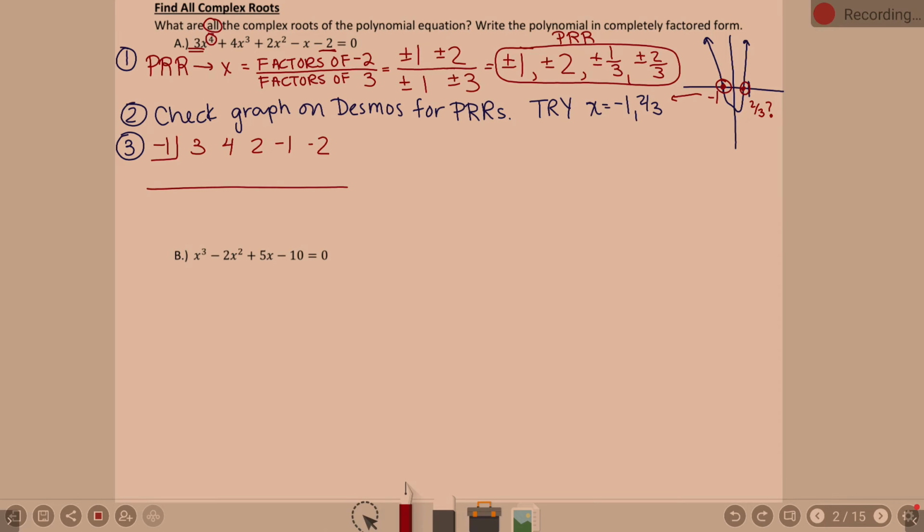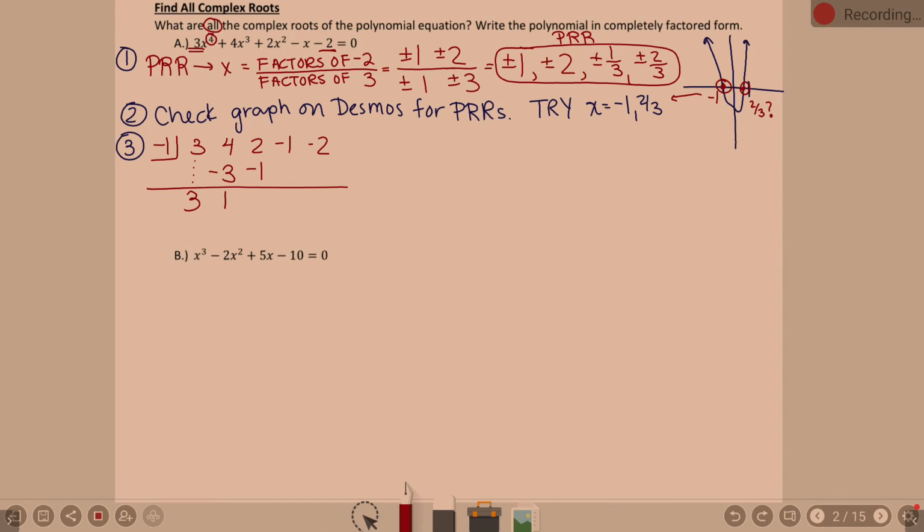Do the math, right? Do we remember our synthetic division? Drop the 3, then multiply. -1 times 3 is -3. Then add. 4 plus -3 is +1. Multiply. -1 times 1 is -1.